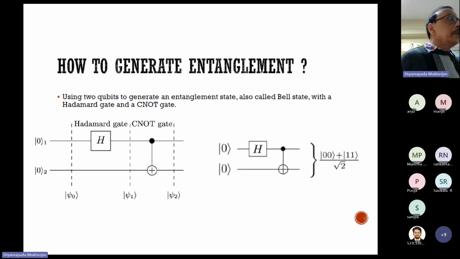Here I have shown it from 0, 0. If you put 1, 1 or 0, 1 or 1, 0, anything, you will get an entangled state on the right side. But that entangled state will be a Bell state. I know there are 4 types of Bell states, so through this combination I can get any Bell state.